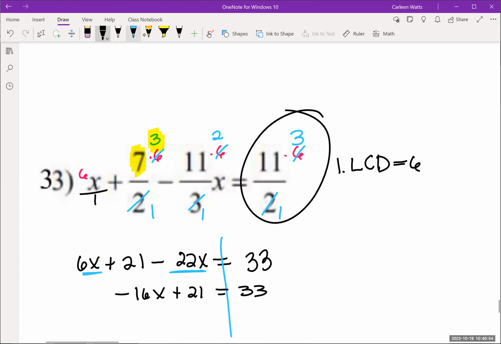Okay, next up. Who's on the wrong side? Who needs to go away? Subtract 21. Subtract 21.